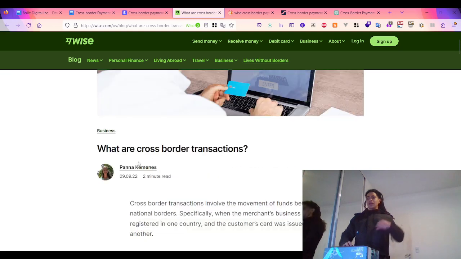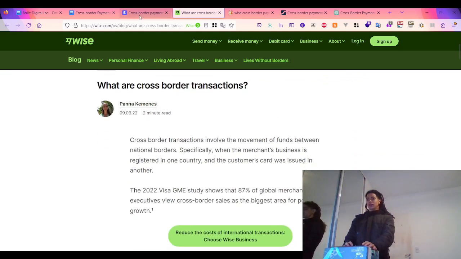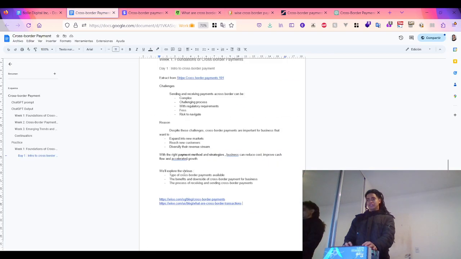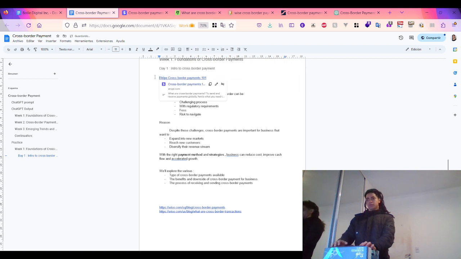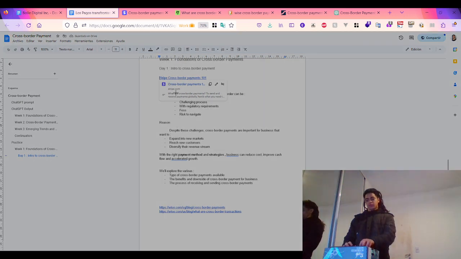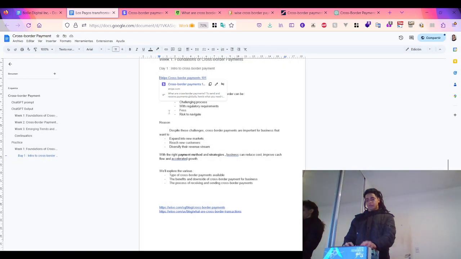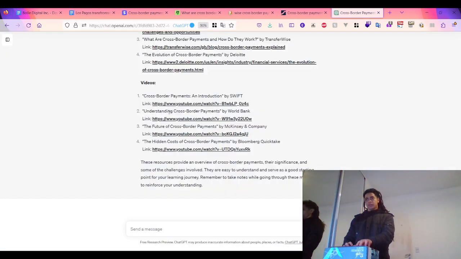So, I just want to now from this extract, from Stripe here. What the heck?